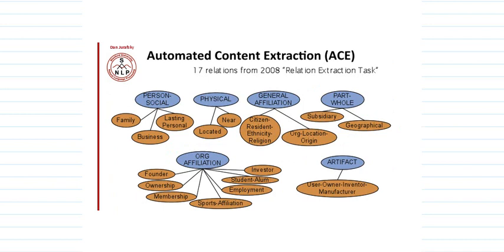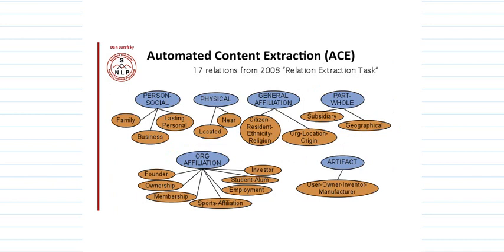We had six principal relation types: personal social, physical, general affiliation, part-whole, organization affiliation, and artifact. These were further fine-grained into smaller subsets. For personal relations there are family relationships and business relationships, and in the case of organization affiliation we have subsets such as founder, owner, member, employed, or student, etc., right?